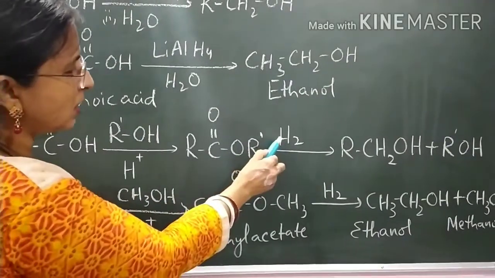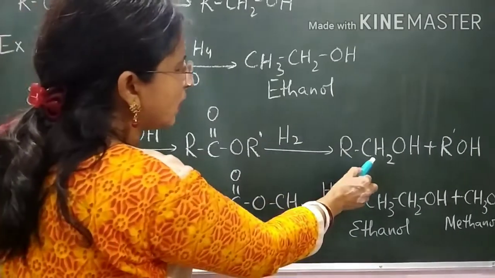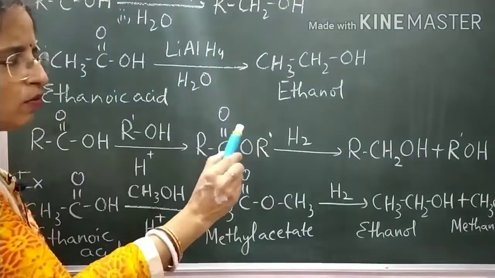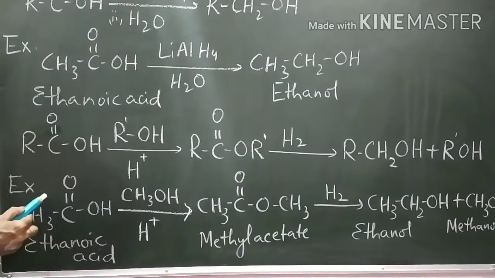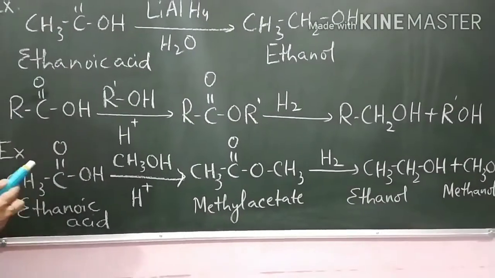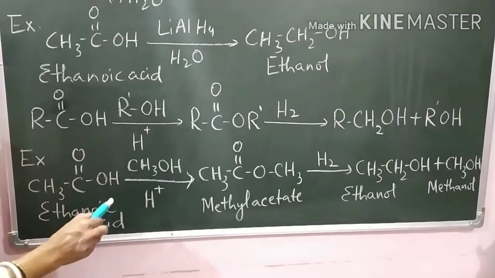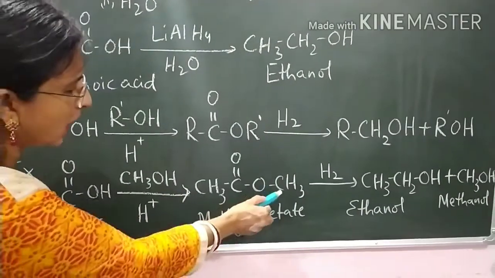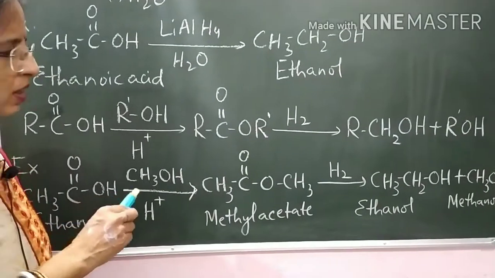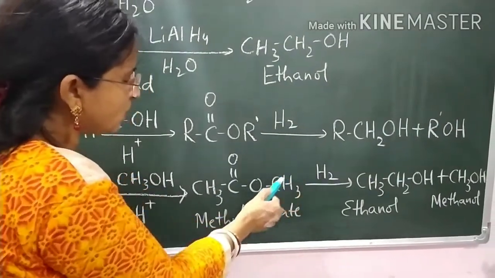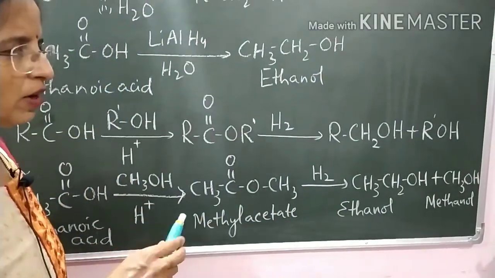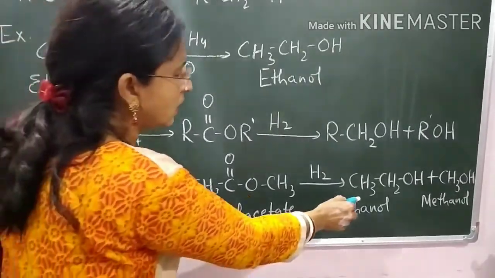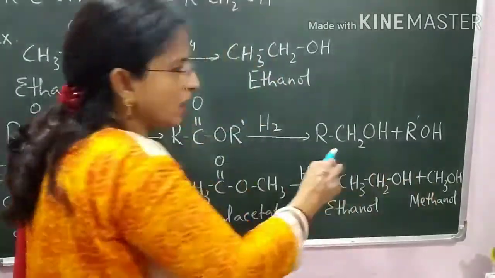Then when the ester is reduced by hydrogen, we get two respective alcohols. Here see the illustration. When ethanoic acid is reacted with methanol in acid media, we get methyl acetate as ester. When hydrogen is passed through methyl acetate, we get two alcohols, that is ethanol and methanol.